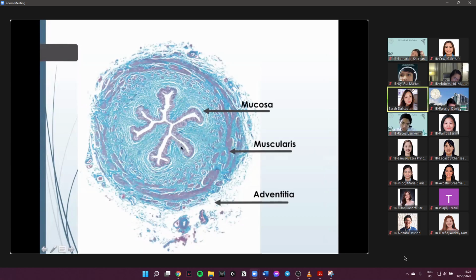So this is the lining epithelium, and lining epithelium for your urinary passages will be what we call your transitional epithelium or uroepithelium or simply urothelium, no? So mucosa again is made up of course of lining epithelium and your lamina propria. Okay? Huwag niyo kalimutan na pag mucosa, dalawang sub-layers. Lining epithelium and your lamina propria.